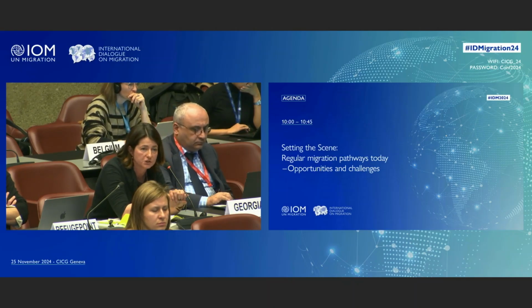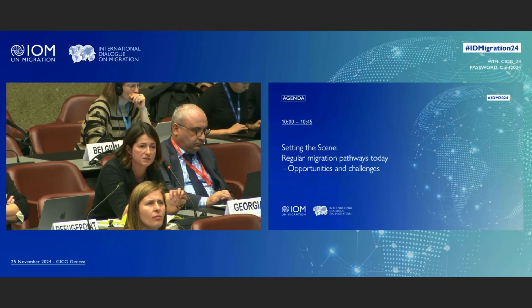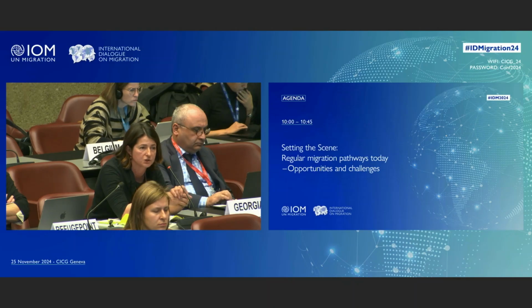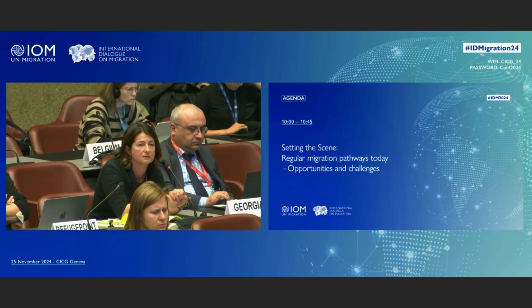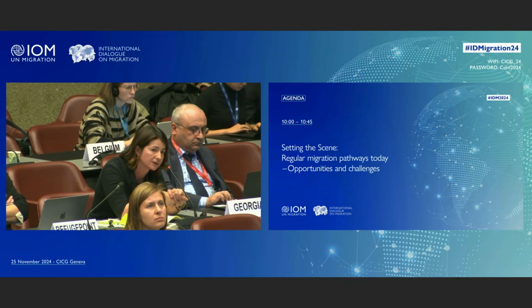We have very much appreciated the collaboration that has started in the last year around the so-called route-based approach, which looks particularly at ensuring that refugees are provided with viable opportunities to move regularly using their skills, experience, and resilience against opportunities that are emerging within the migration and development sector. We would appreciate working with all of you and the IOM in enhancing that partnership to ensure that refugees are a part of the conversation. Thank you very much.